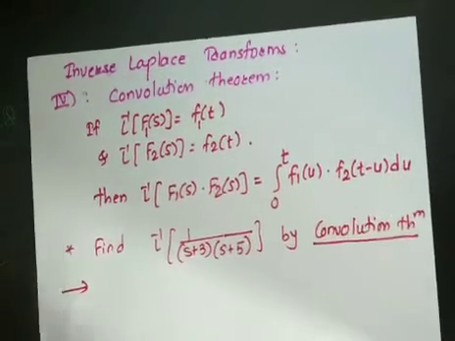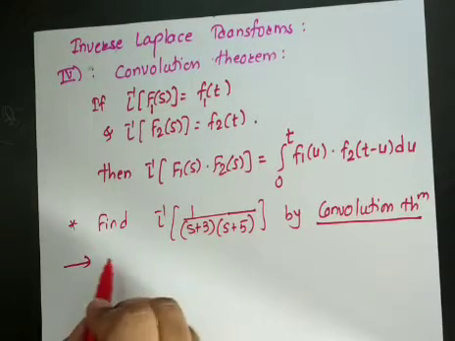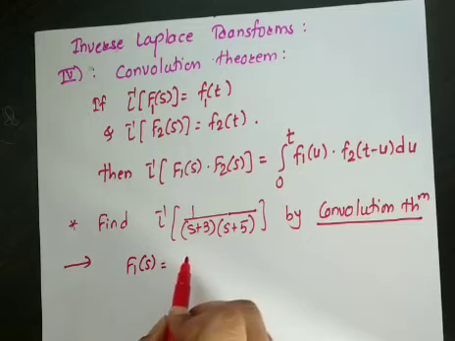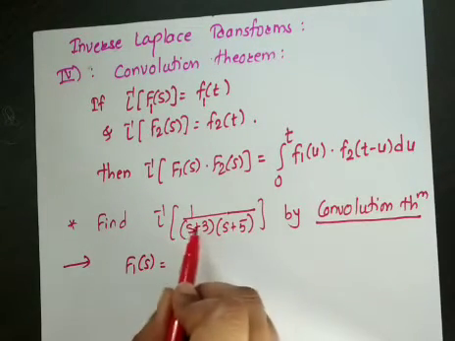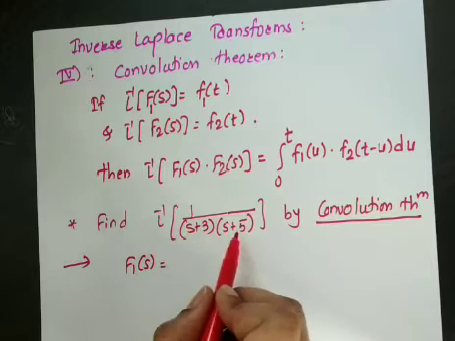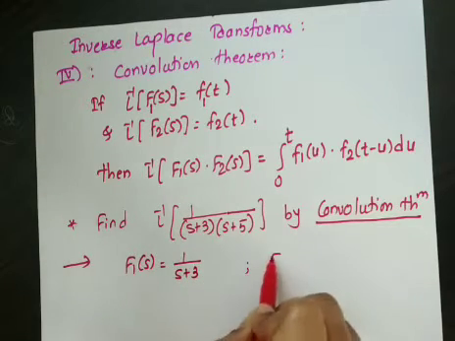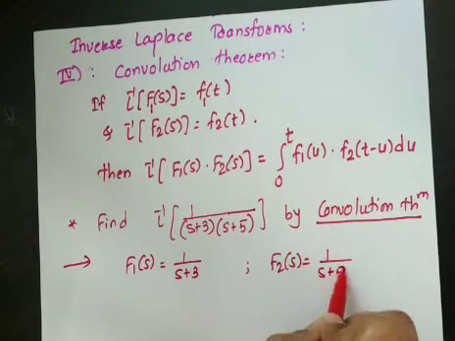So for convolution theorem there is a combination of two functions. So we'll call f1(s) and f2(s) the two functions. So this is the multiplication of 1 upon s plus 3 and 1 upon s plus 5. One of the functions we'll call f1(s) and the second function we'll call f2(s). So f2(s) is 1 upon s plus 5.